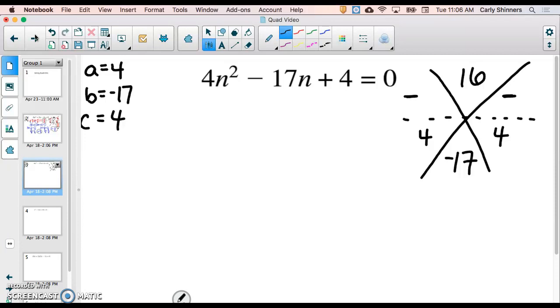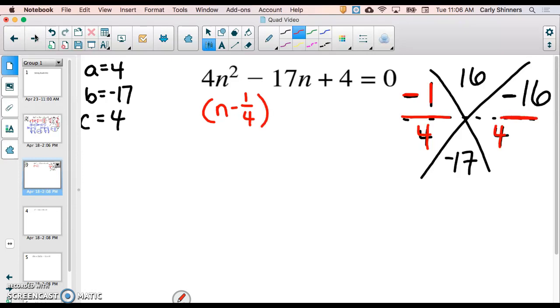And let's think to ourselves, how do I multiply to 16, but add to a negative 17? And that would just be negative 1 times negative 16, right? Then our next step is to look at these. Negative 1 over 4. There's no way for me to reduce that. And negative 16 divided by 4, that just equals negative 4.